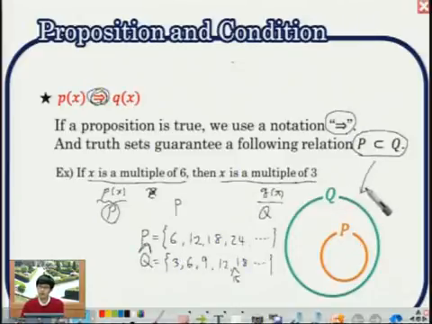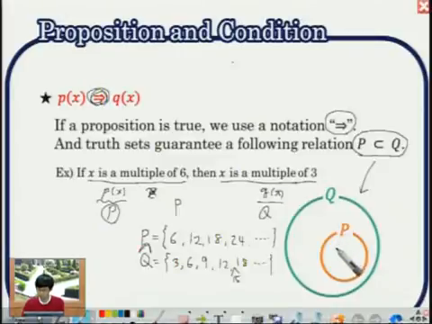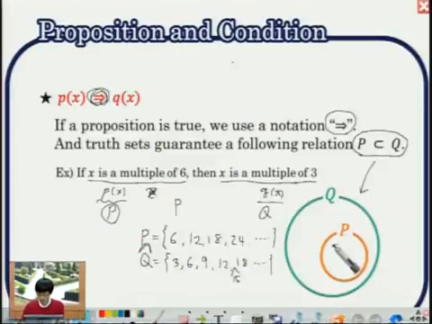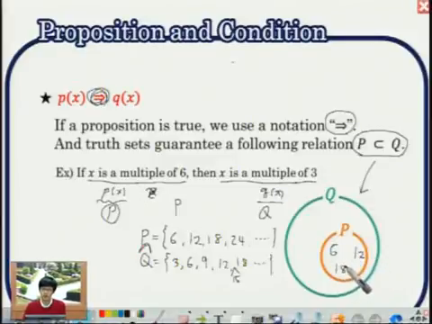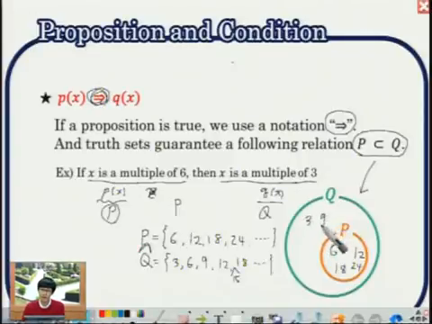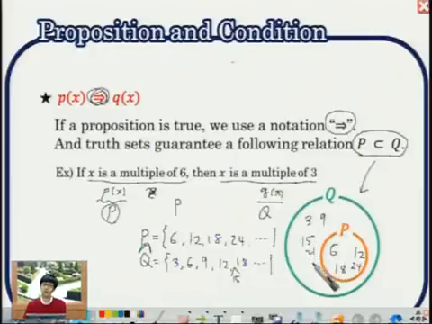Like in this Venn diagram, I can write some numbers. 6 will be inside here, and 12, 18, and 24. And in the complement of P, but inside Q, there will be numbers like 3, 9, 15, 21, and so on.